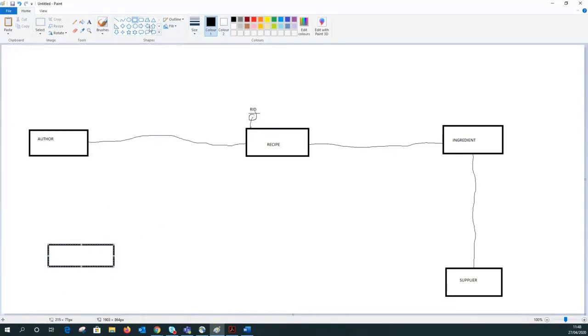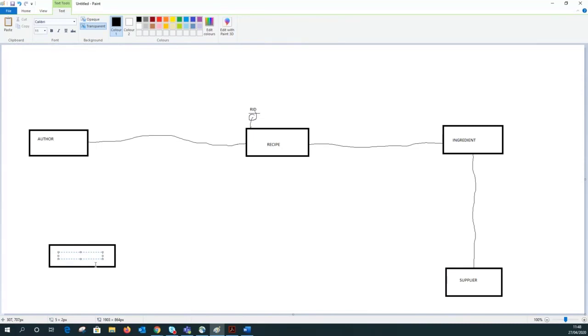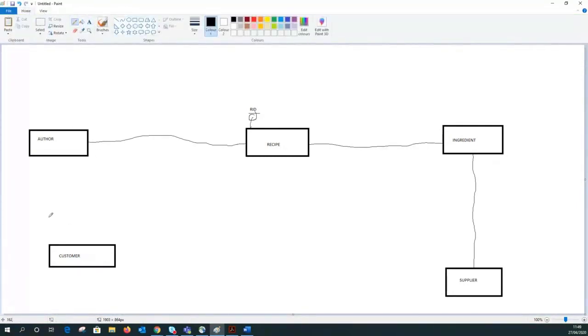So customers. So they have actually indicated two attributes for the customers, right? Customer name and the customer email address, right?